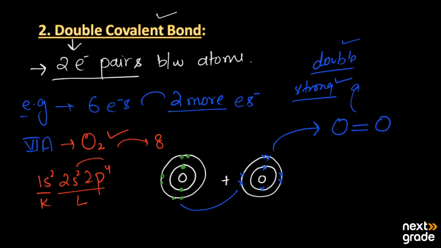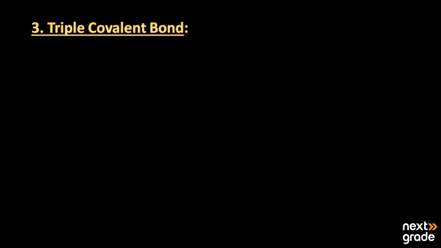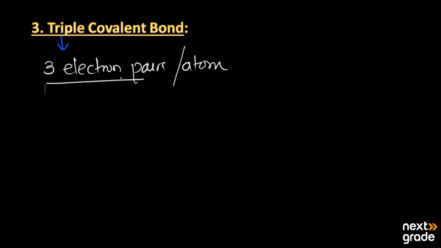Next we have the triple covalent bond. This is the third type of covalent bond. As the name shows, it involves the sharing of 3 electron pairs between the atoms, so that bond will be shown with 3 lines, or triple lines, between the two atoms.